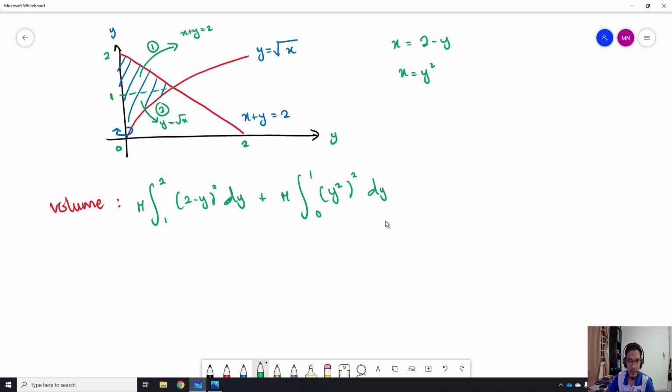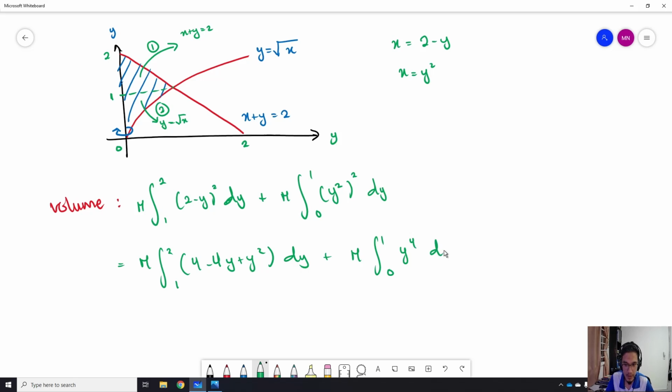Okay, so this is our equation to be integrated to find the volume generated by this graph. So we have here from 2 to 1, 4 minus 4y plus y squared dy, where we expand the bracket, plus pi from 1 to 0 of y to the power of 4 dy.